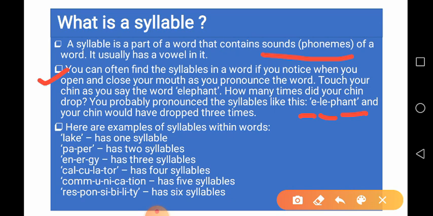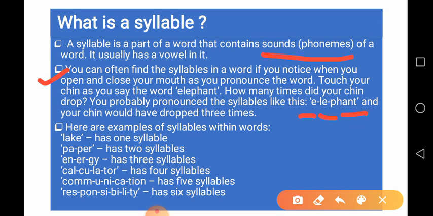So, this is a small experiment. When you pronounce a word, notice how many times your chin drops, and you can find the syllables in the word. If your chin drops three times, then it is three-syllabic.